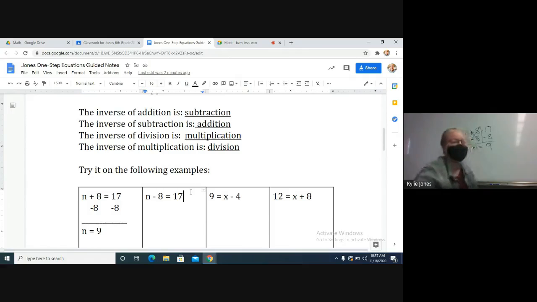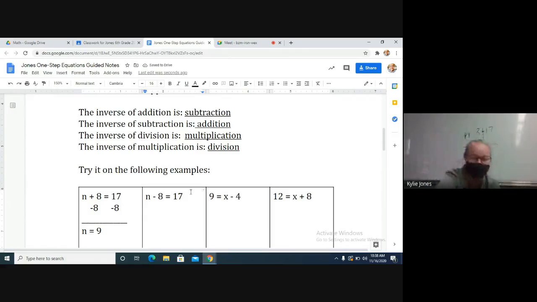We have n minus 8 equals 17. Okay? N minus 8 equals 17. You would draw your upside down t to start out with. You see the upside down t? Yeah. Okay, that's kind of hard to do on a computer, so we'll just hit enter.